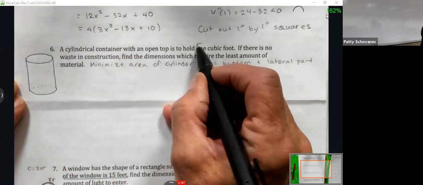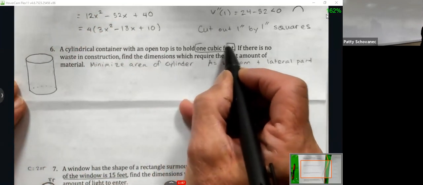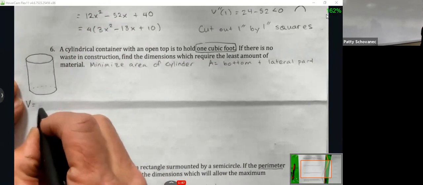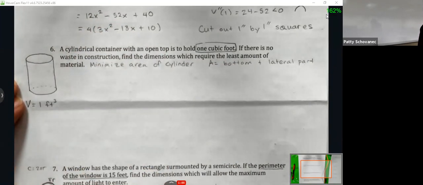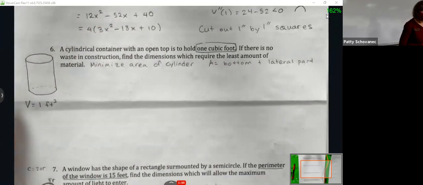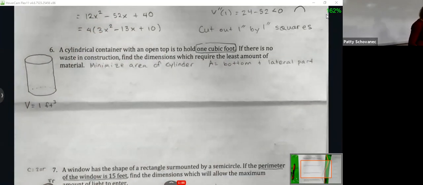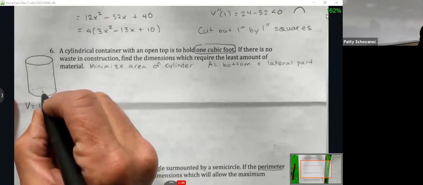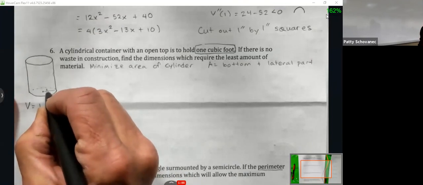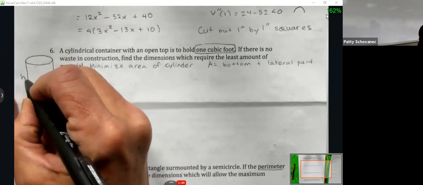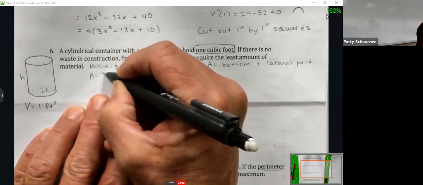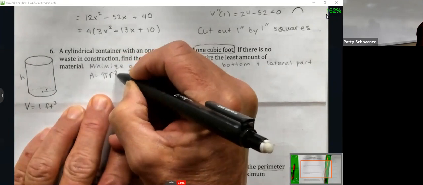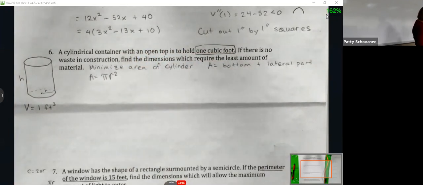We know its volume is 1 cubic foot. And so now we got to figure this part out. The bottom is a circle, so we'll need its radius. Area of a circle is pi r squared. Since it's open, I just have one of those.